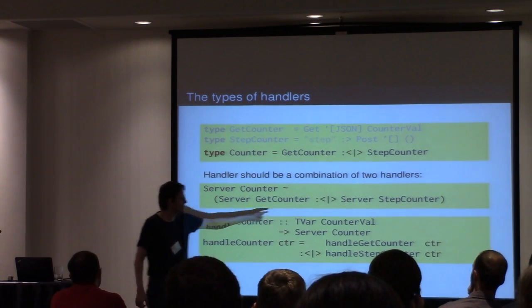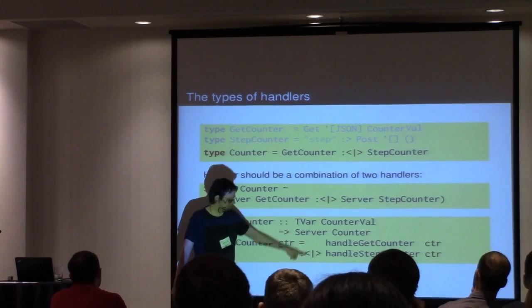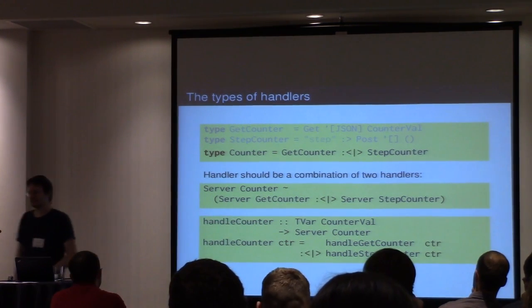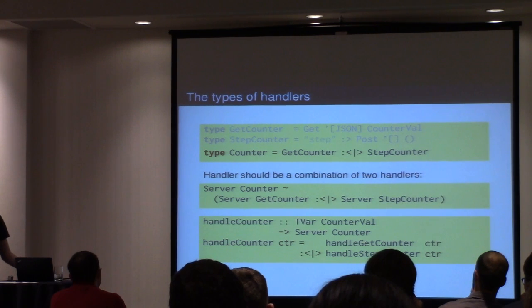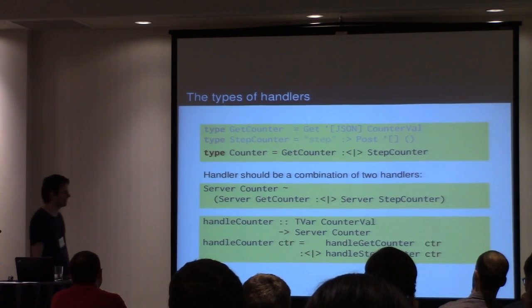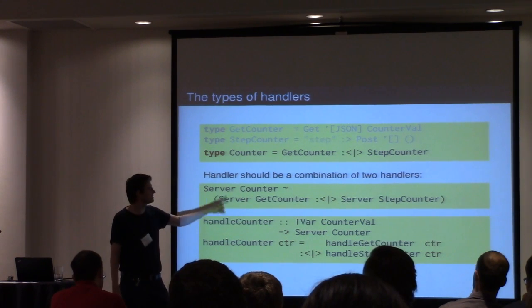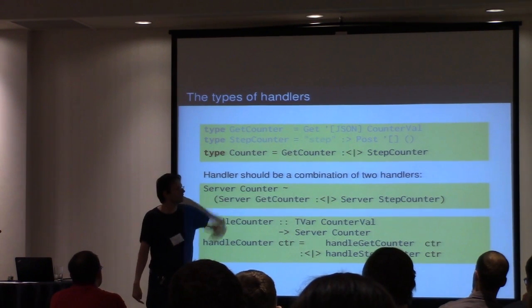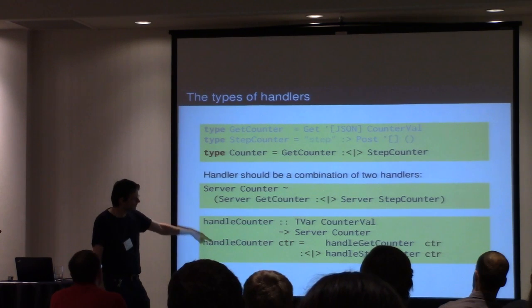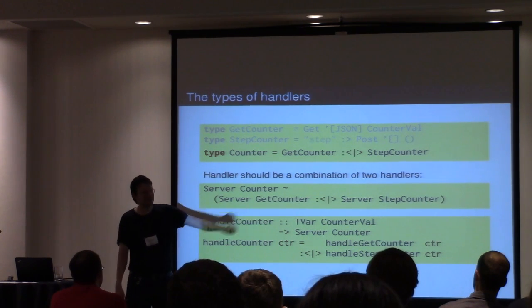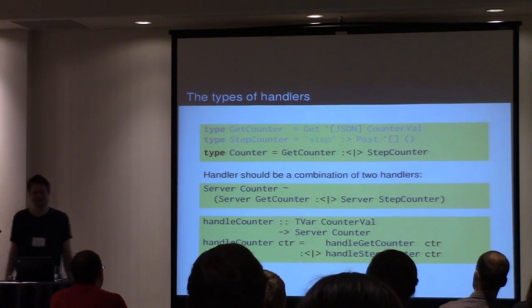So this thing here exists both on the type and on the value level, and it's just a different notation for pairs, really. So you can think of this as a pair: the server for counter is a pair of a server for get counter and a server for step counter. And also the handler is just a pair of the handler for get counter and the handler for step counter.